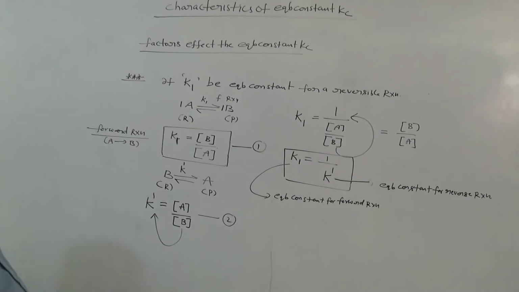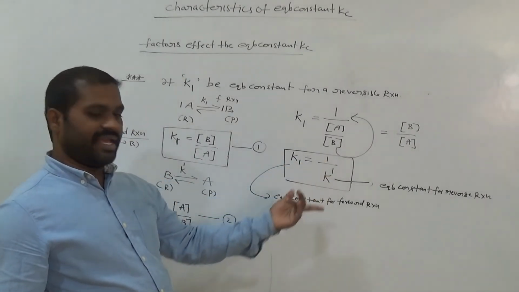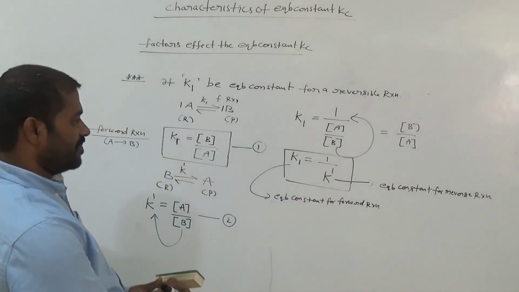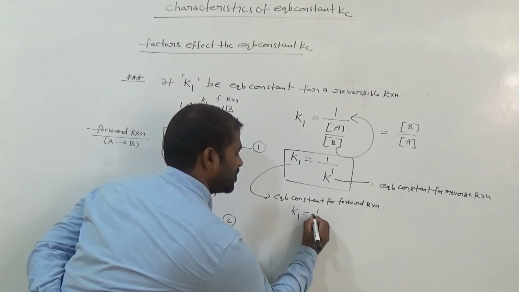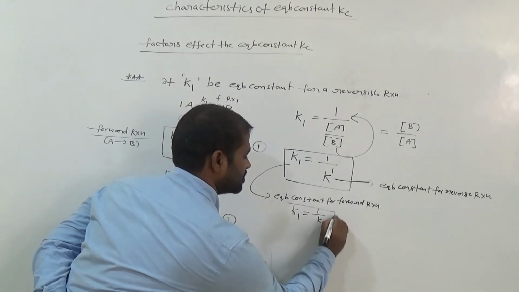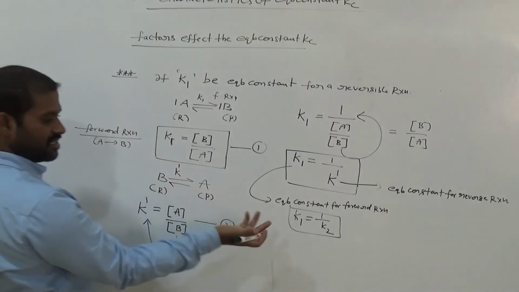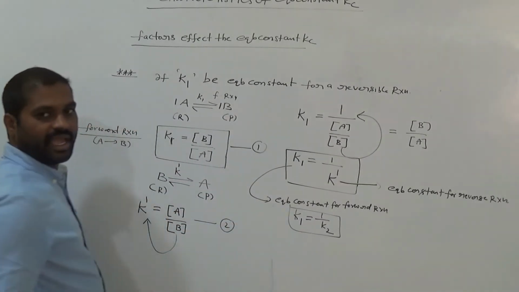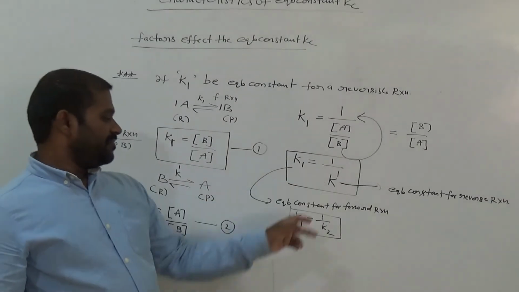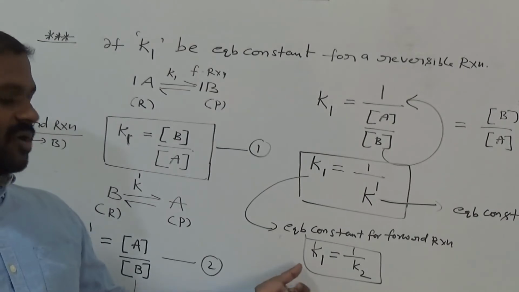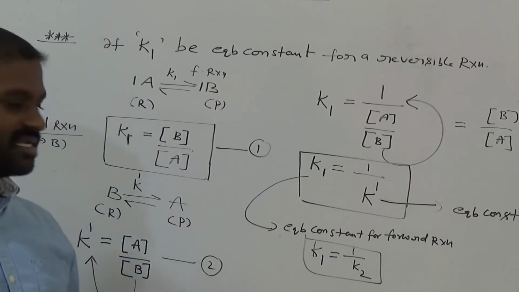Is it clear? Finally, K1 is equals to 1 by K dash. Or simply we can also write K1 is equals to 1 by K2. Suppose here equilibrium constant taken as K2, that becomes K1 is equals to 1 by K2. Understood up to? Very, very important. So where K1 is equilibrium constant for forward reaction, K2 is equilibrium constant for backward reaction.